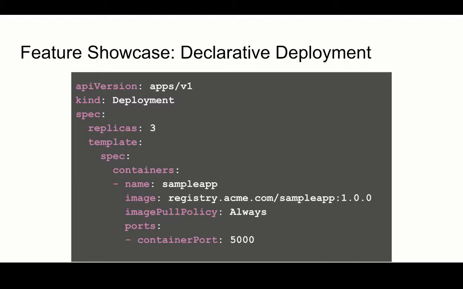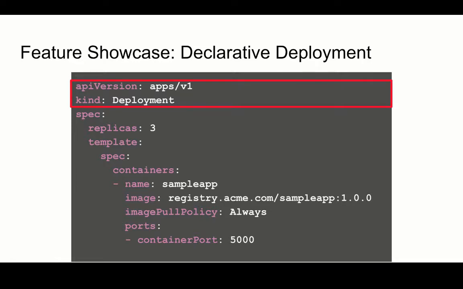There's a lot of options available to you with this simple file, but I'm just going to highlight a few of them right now. So the first part over here is the first line, apiVersion. You tell Kubernetes, I'm going to use apps/v1 of the deployment object, right?